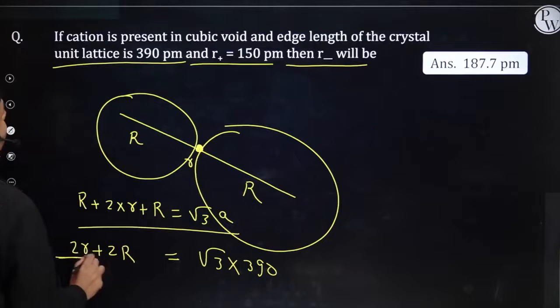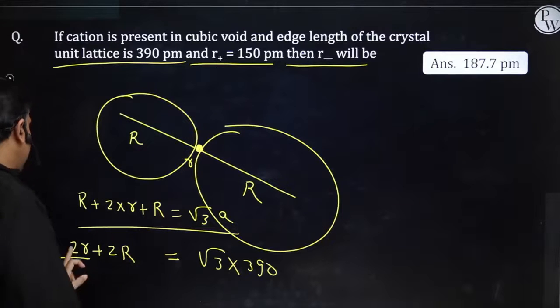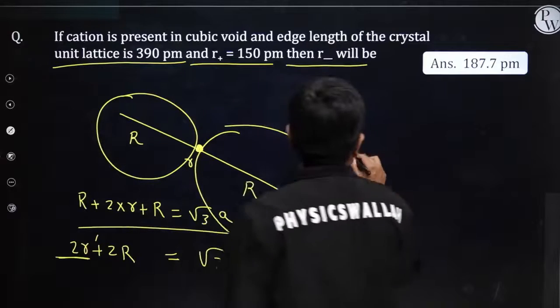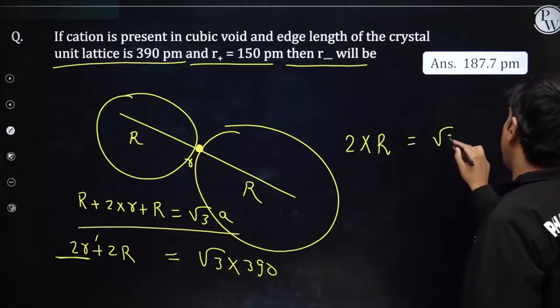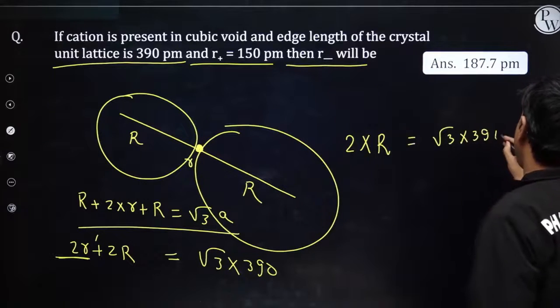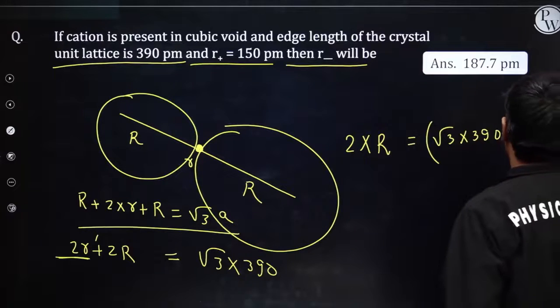This 2R+ is also given. The radius of cation, how much? 150 picometer. So 2R+ is 300 picometer. So students, 2 into radius of anion equals root 3 into 390 minus 300 picometer, right?